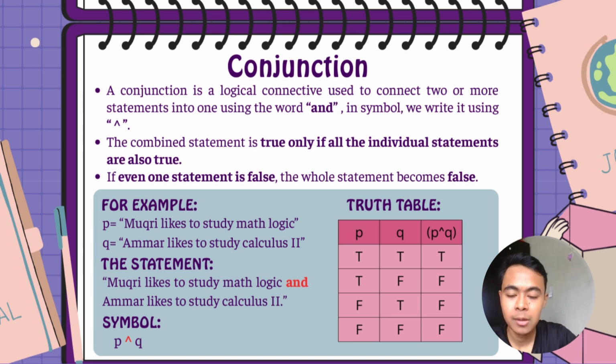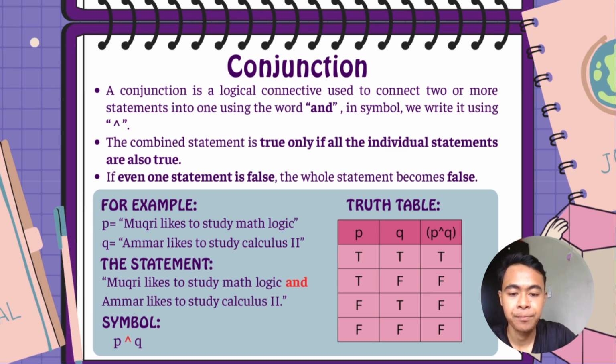In symbol, P and Q. Using the truth table, P: true, true, false, false. Q: true, false, true, false. P and Q: true and true, true; true and false, false; false and true, false; false and false, false.